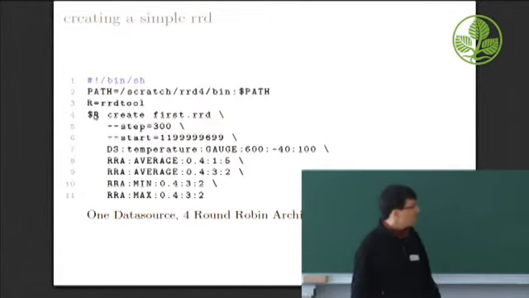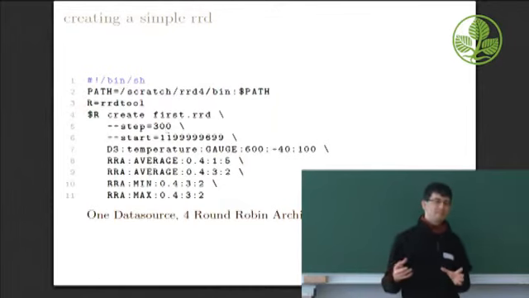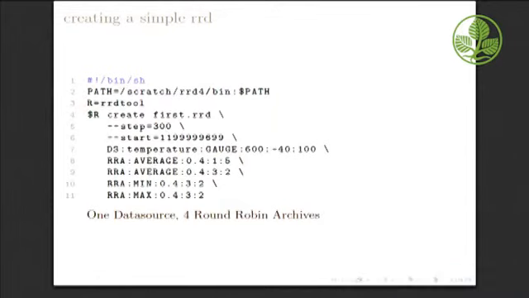So what this does is it creates an RRD database. And that RRD database is called first RRD. And the database has a base interval of 300 seconds. This means RRDtool will resample all the data you feed into that database to a 300-second interval.